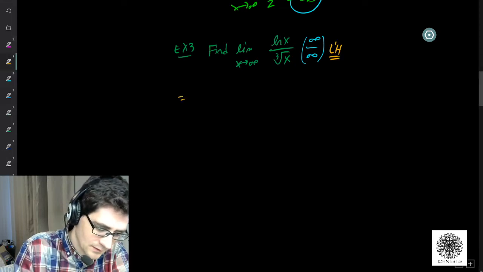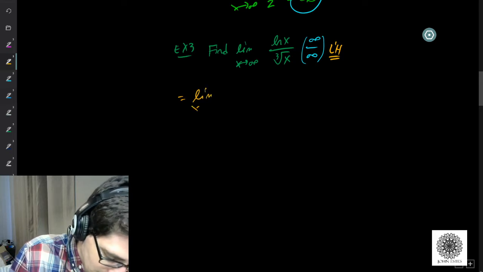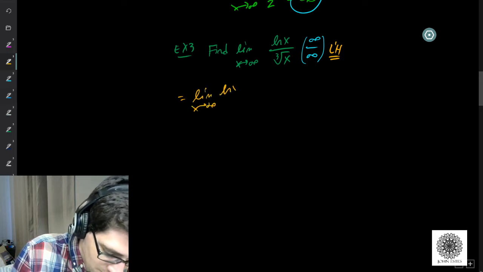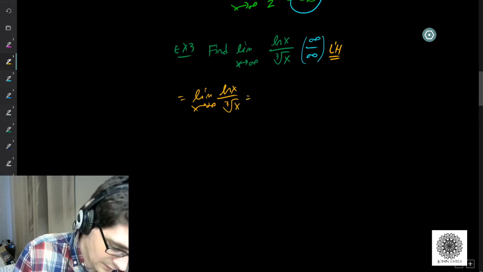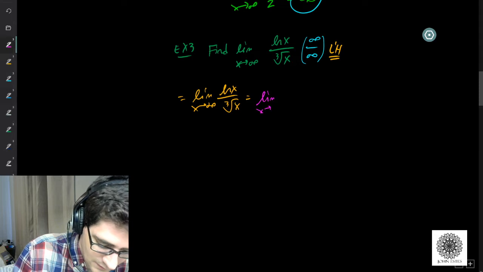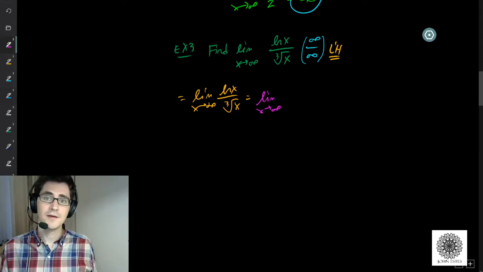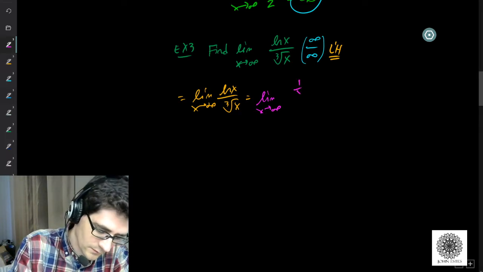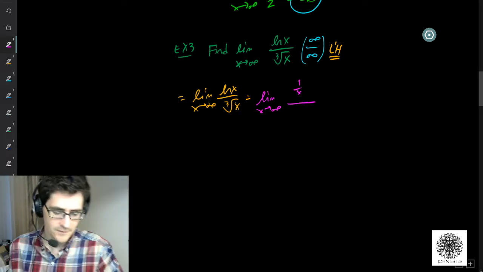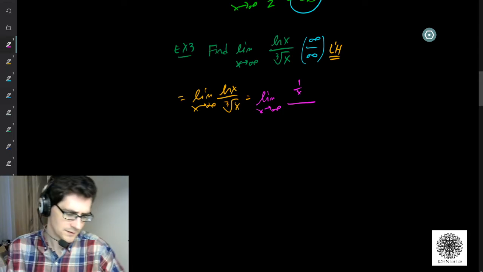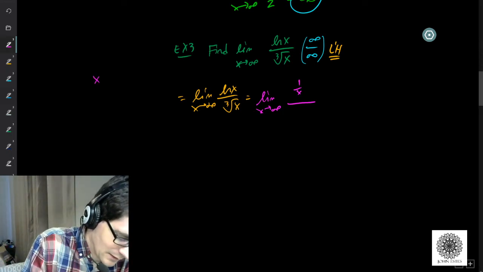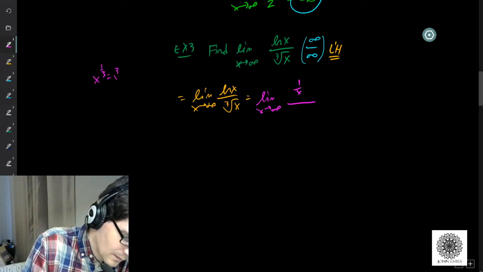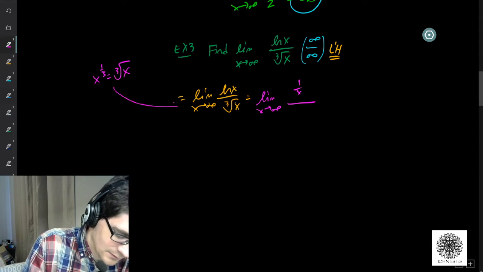And so we can say that this limit, the limit as x approaches infinity of ln x over the cube root of x, is going to be, okay, we're going to have to do some thinking here. The limit as x approaches infinity of the derivative of ln x, which is 1 over x, and then the derivative of the cube root of x, which is hard until we realize that's the same thing as x to the 1/3 power.